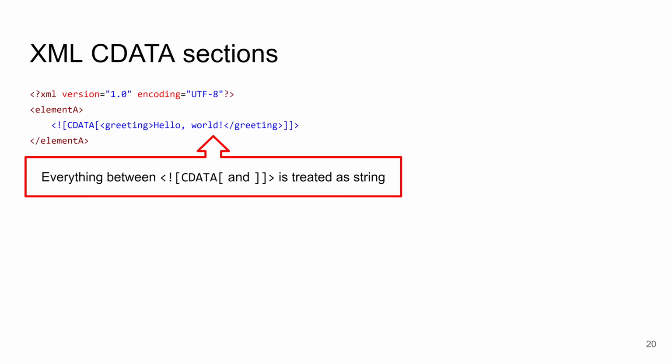So, for instance, here, if you want to embed an XML piece of data as text and not as a part of the XML document, you can do it like this using the CDATA section. And then the inside is treated as a regular string.